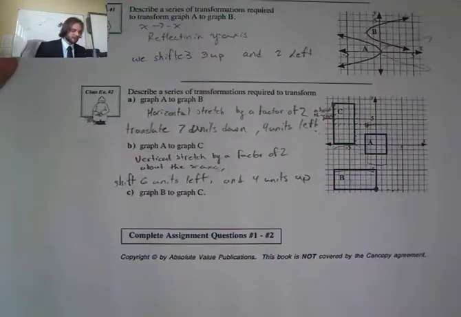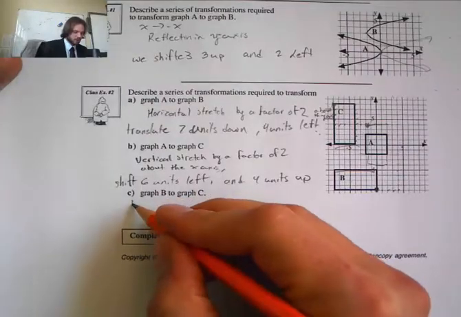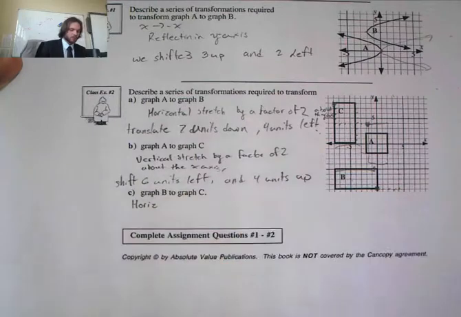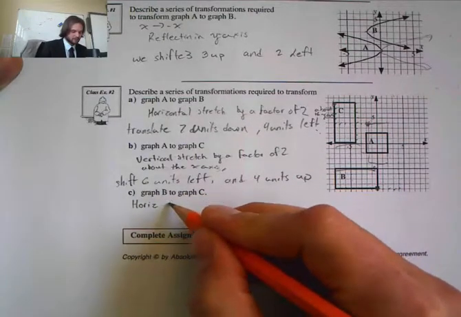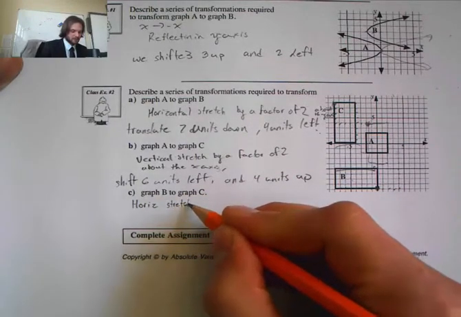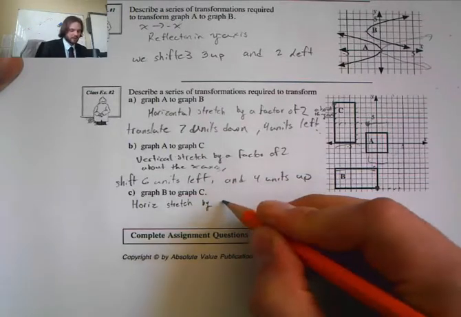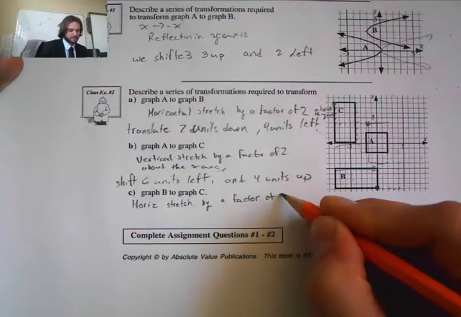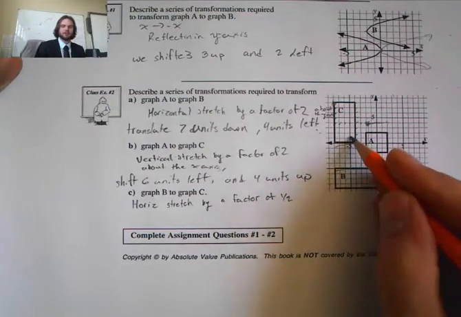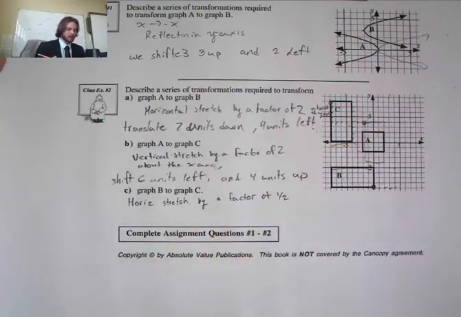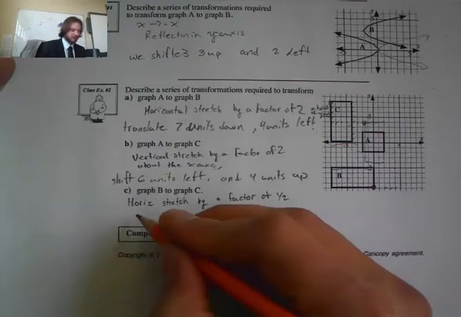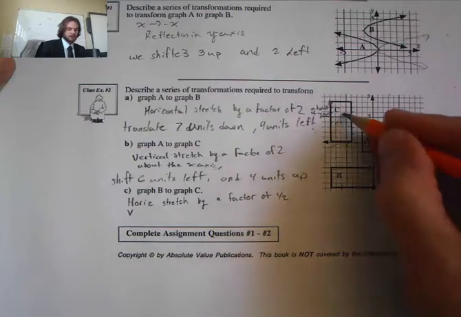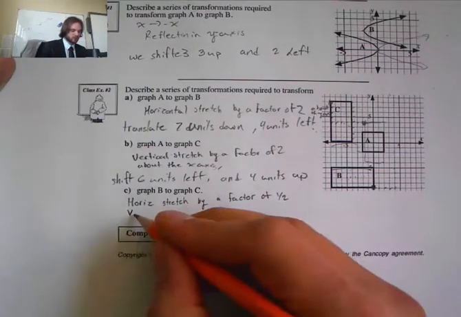So if that's 8 and that's 4, we have a horizontal stretch by a factor of 1/2, because we went from 8 to 4, so that's half the size. Now we also look at this, we have a vertical stretch, because we go from 4 to 8. This one from 8 to 4. Vertical stretch.